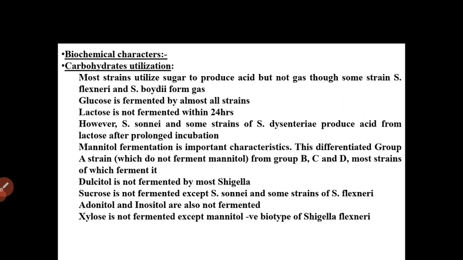Most strains utilize sugar to produce acid but not gas, though some strains, Shigella flexneri and Shigella boydii, form gas. Glucose is fermented by almost all strains. Lactose is not fermented within 24 hours, meaning they are late lactose fermenters, as I told you.